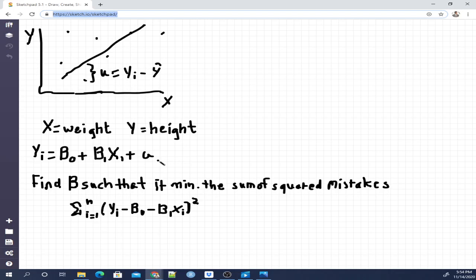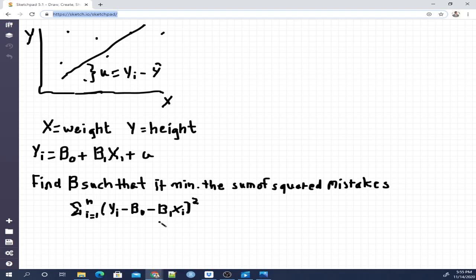So we know that linear regression came up with this line. How did it come up with this line and these beta values? Well, it went through and it minimized the sum of squared mistakes, okay? It found all of the y values such that you subtract the beta 0 and the beta 1 from it in order to minimize this entire value.